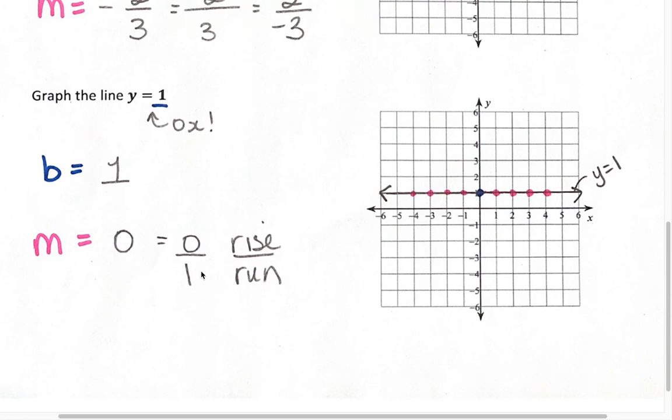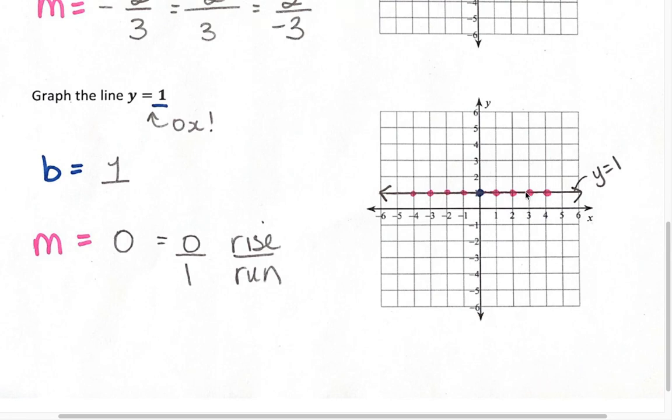So if I take this information and I plot it on my graph, I have my b is equal to 1. So I'm going to put my point out, my y-intercept of 1. And then from there, I'm going to rise 0, run 1. That takes me to here. I'm going to rise 0, run 1. Takes me to here. Rise 0, run 1 from here as well.